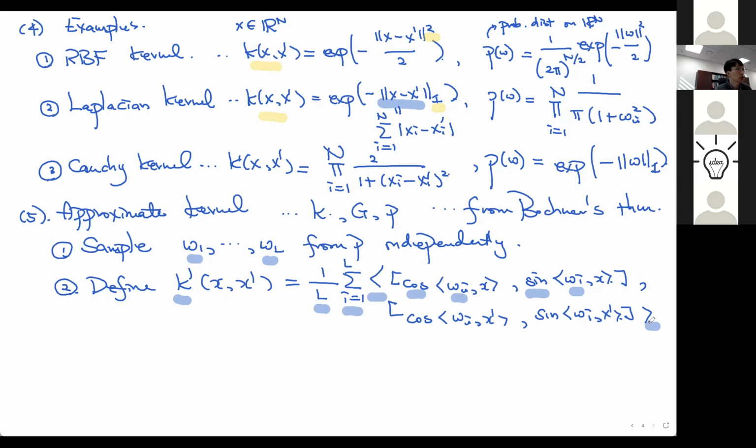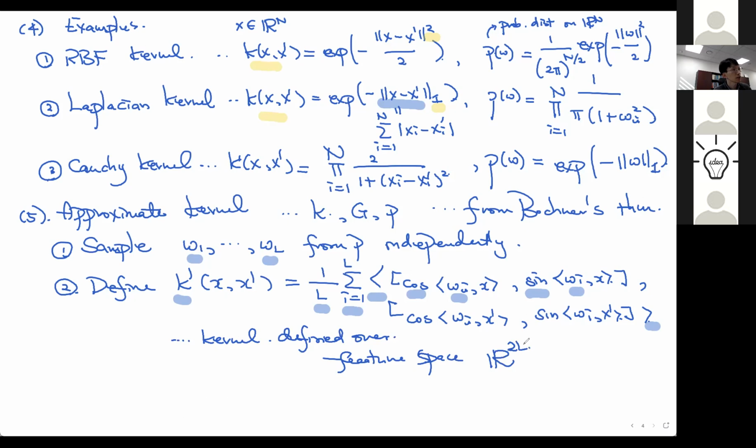So this is a kernel, and although I didn't express this explicitly, this kernel is really defined over the feature space R to the 2L.